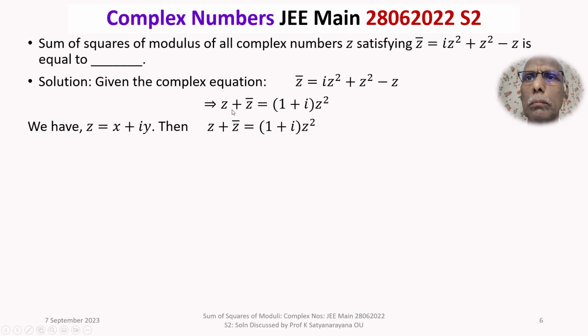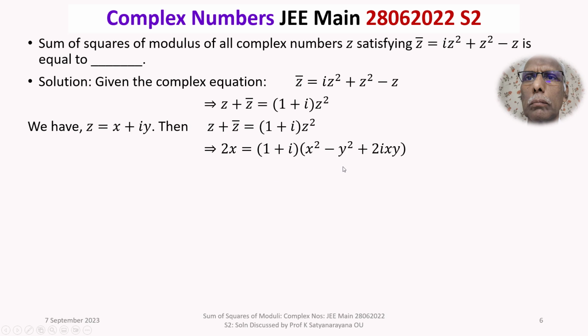Then the equation z + z bar = (1 + i) z² becomes: z is x + iy, z bar is x − iy, so z + z bar is 2x, equal to (1 + i) z². Now z² = (x + iy)², which is x² − y² + 2ixy.